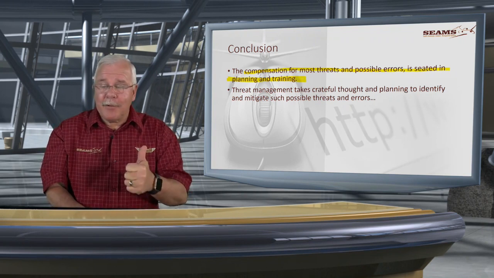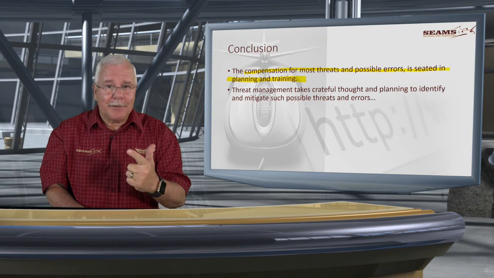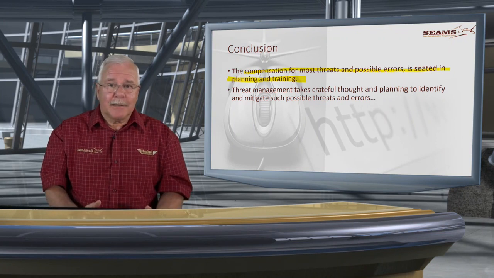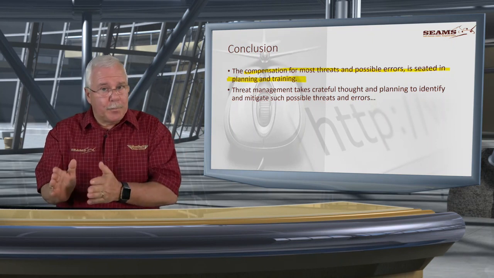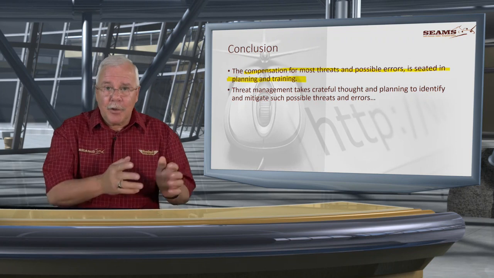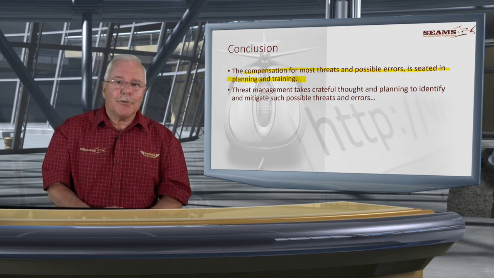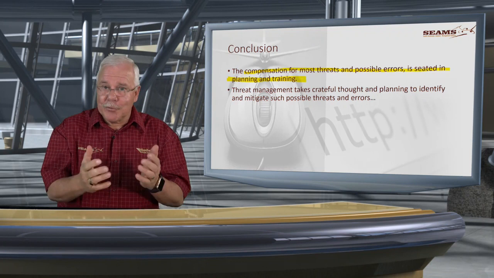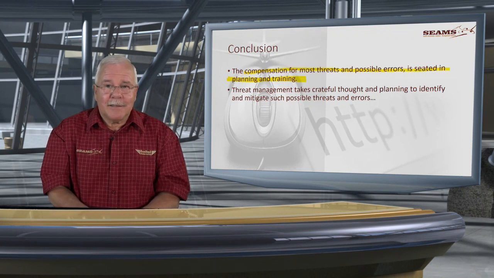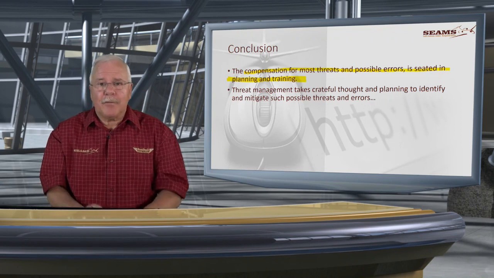If you're aware of the threat, you know what to do to mitigate it, then the consequence is very unlikely. If you've got enough fuel, you've got a damn fine chance you're not going to run out of fuel. If you've got spare oil on board, you're not going to need to stand and wait for somebody to bring you oil from a remote place. If you've got water with you, you can survive for a little bit.